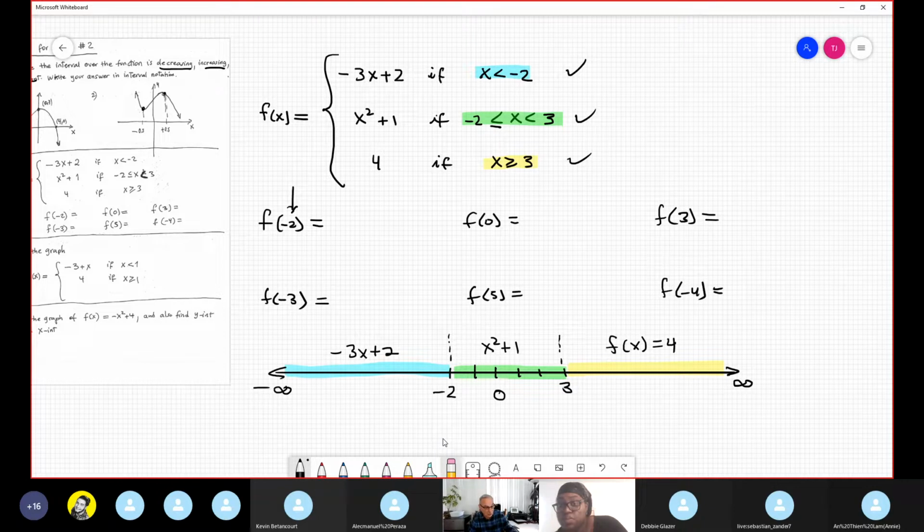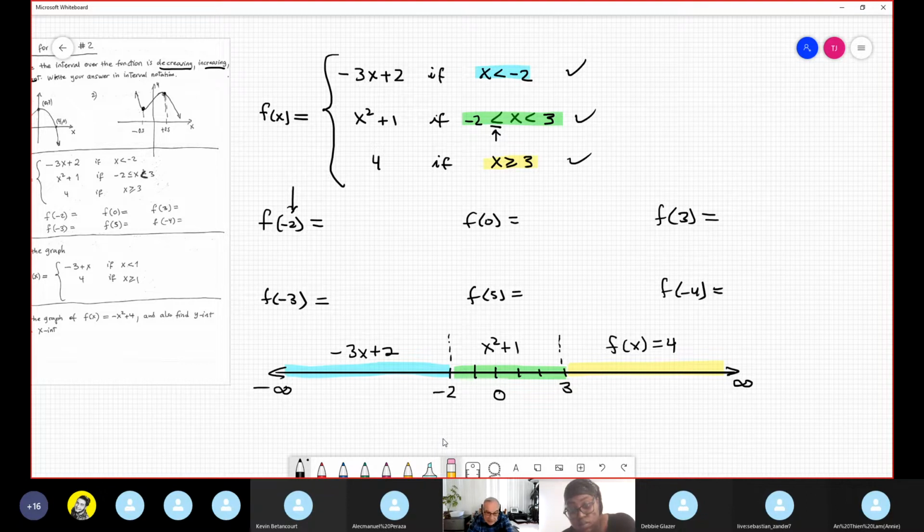Absolutely. How do you know, Yasmin? Because x equals -2. Exactly. The key idea is that equal sign. That equal sign indicates that exactly at -2, you select the green.